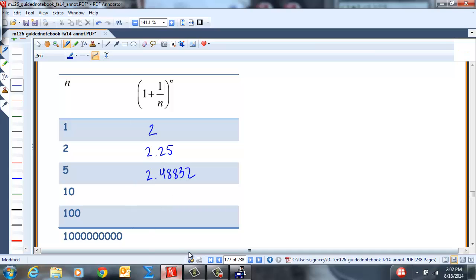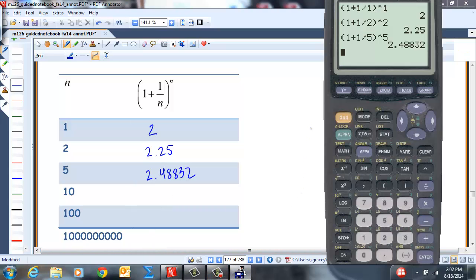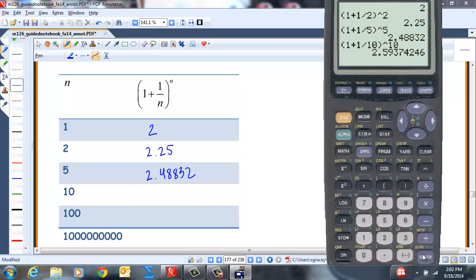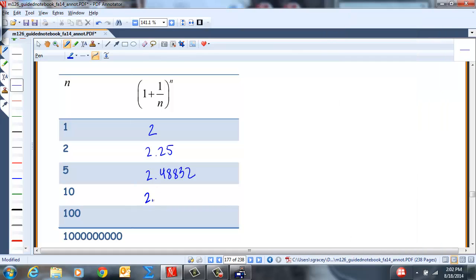Now go into 10. Let's see what we have. Still in the 2s. Now we're at 2.5937424.